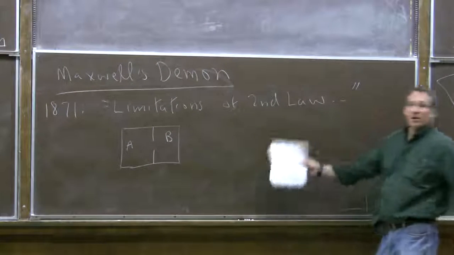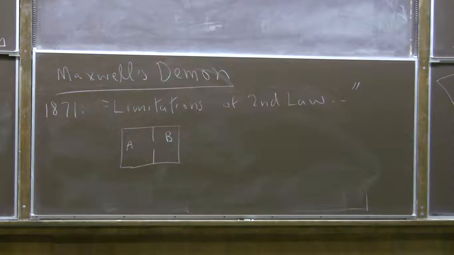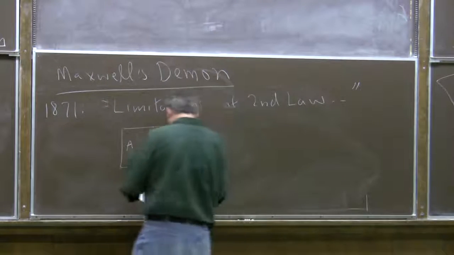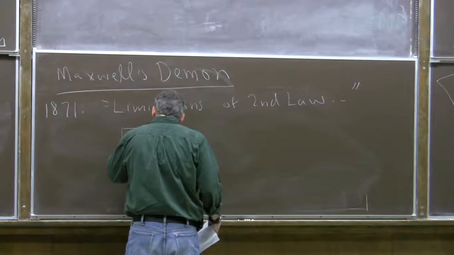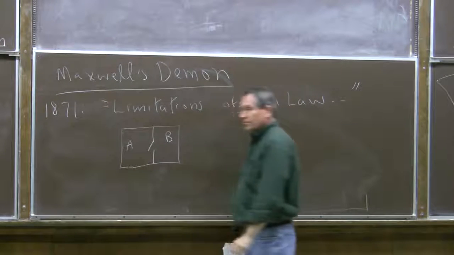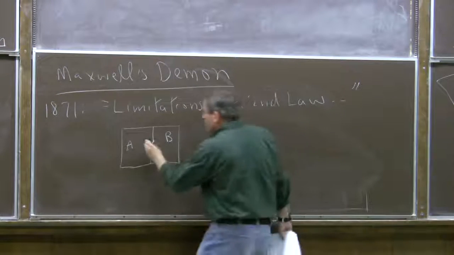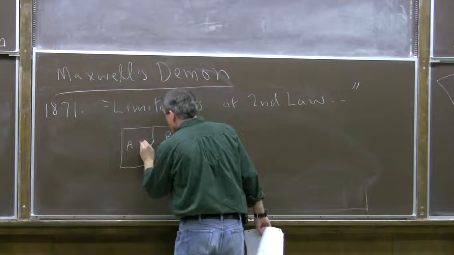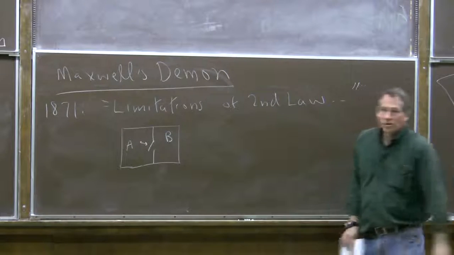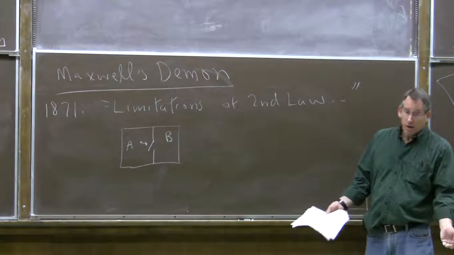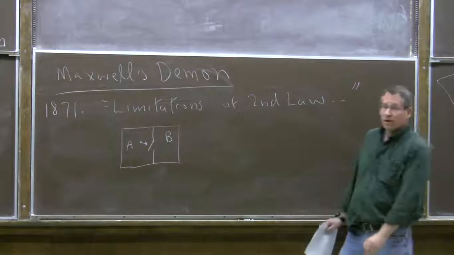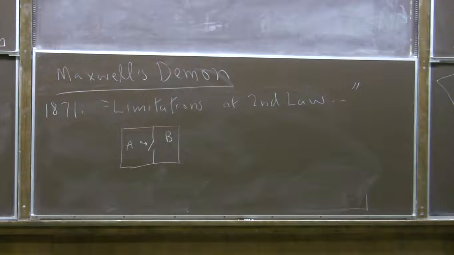I'll call the part to the left of the partition A and the part to the right of the partition B. And there's a little door I can open and shut. When a molecule is heading towards the door, I can open the door and let it pass, or I can close the door and it bounces off and doesn't pass.